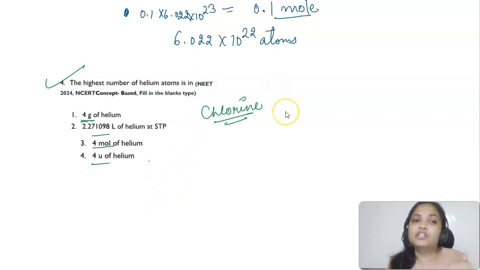The kind of question asked is that we need to compare the number of atoms for a particular element only, but for different quantities, like 4 grams, then liters, then moles, and then AMU, right? So we need to know the relationship between the number of moles and all these things so that I can find out the number of moles, and then we can easily find out the number of atoms.